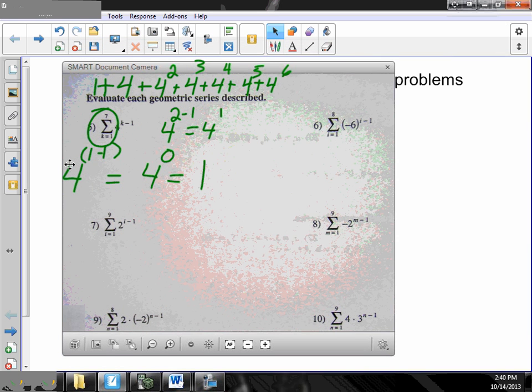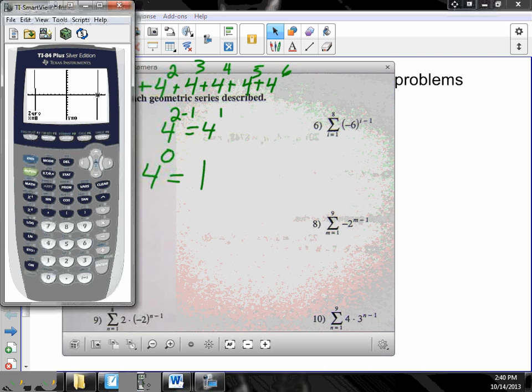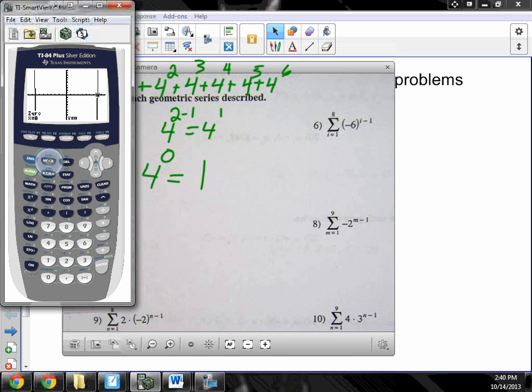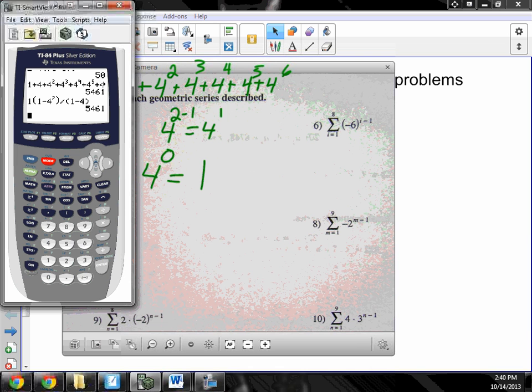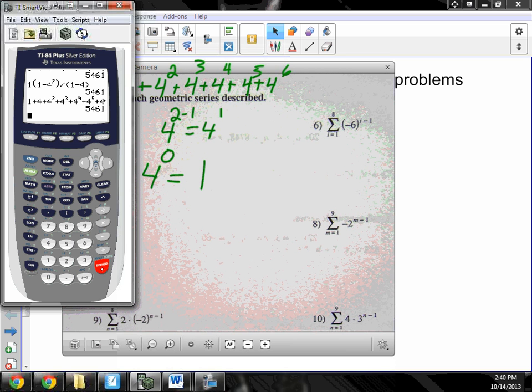So you'd need to add all those together to find the answer. And I'm going to cheat because I already did this once today. So here I have 1 plus 4 plus 4 squared, 4 to the third, all the way up to 4 to the 6th. And I get 5,461. Now, let's never do that again.